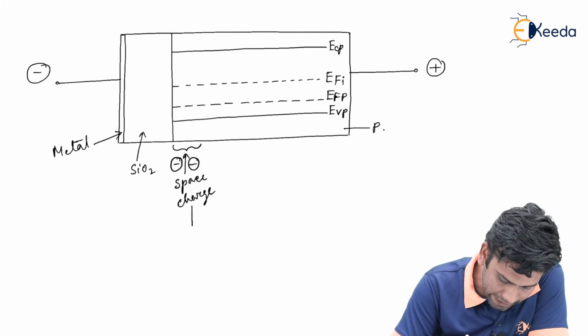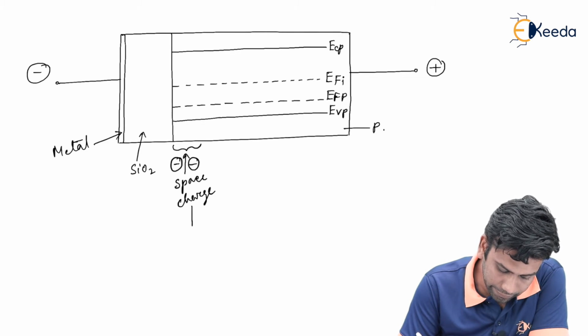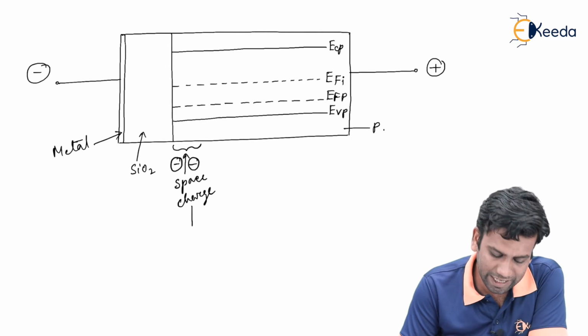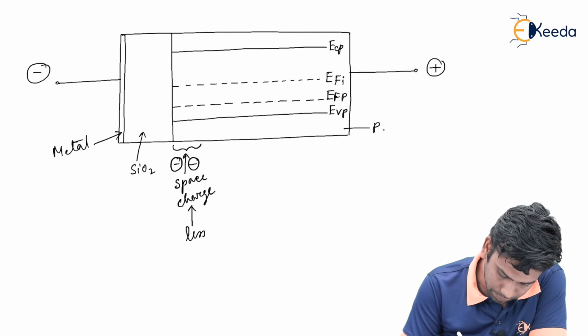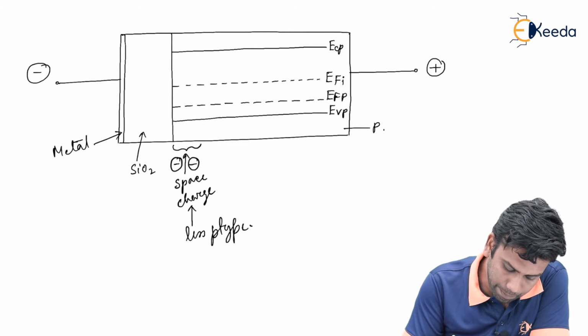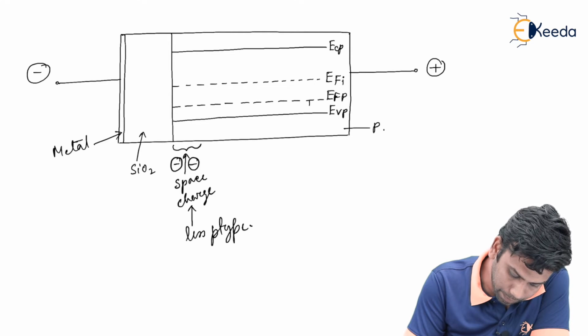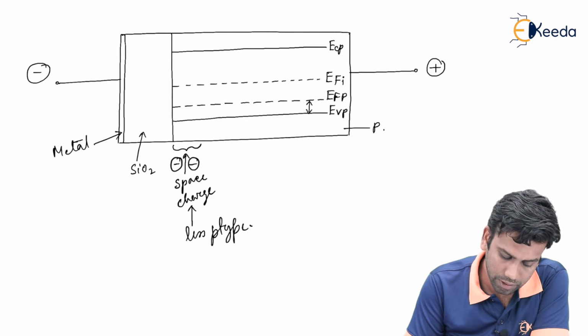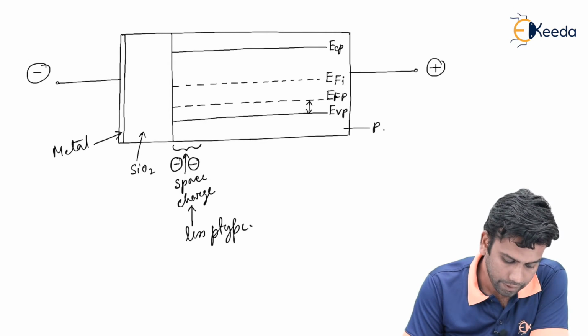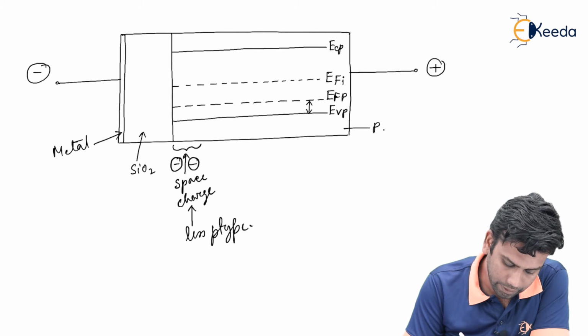Due to this negative acceptor ion, the interface region will be now less p type, that is the gap between the Fermi level of the p type and the valence band will now increase due to the application of the reverse electric field. So we can draw the energy band diagram in the interface region this way.